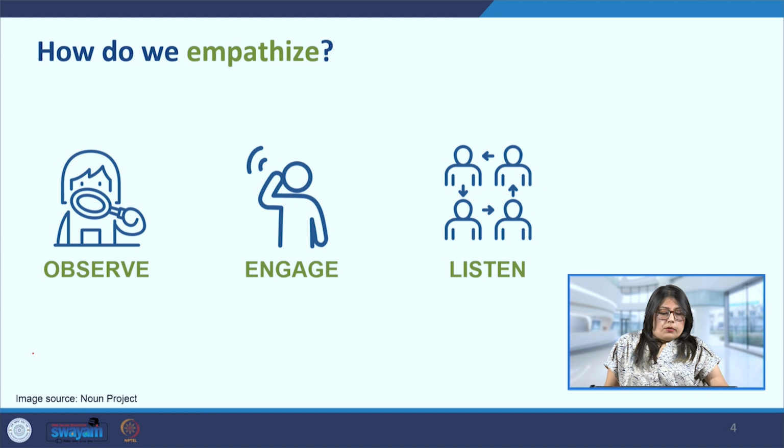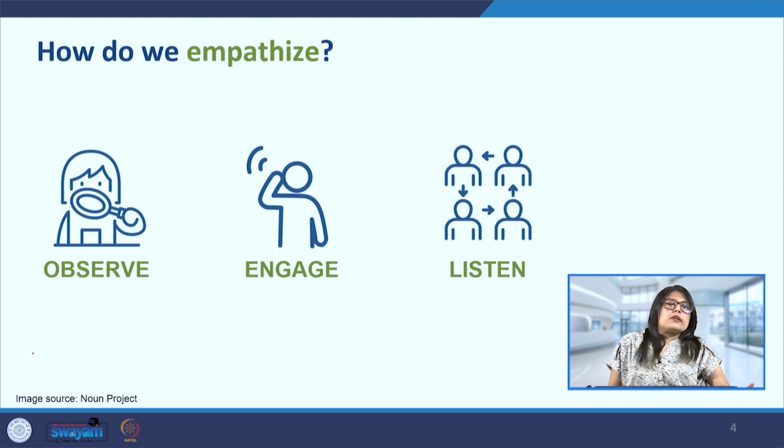By observing, we mean tracking people and their behavior, and also noticing if there's any disconnect between what they are saying and what they are doing. Sometimes when we interview a user, they will say something, but when we actually start observing them with a certain product, for example, we will observe certain discrepancies.